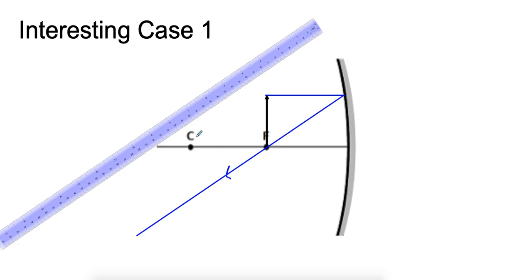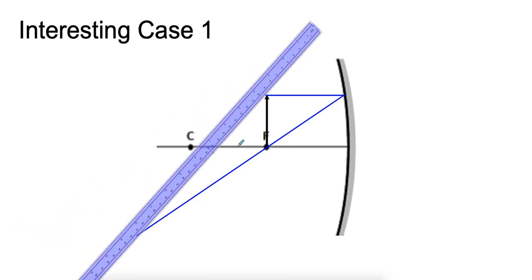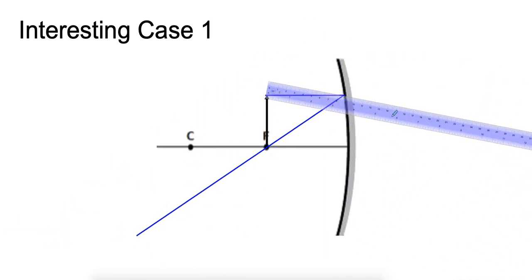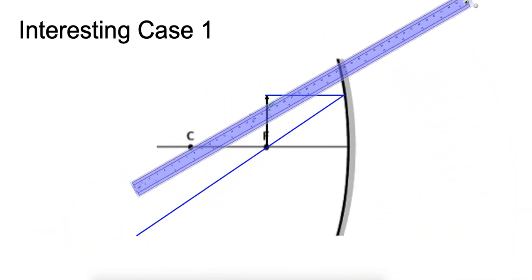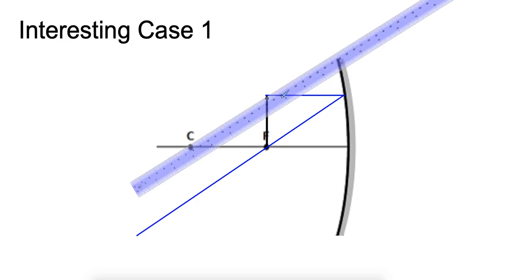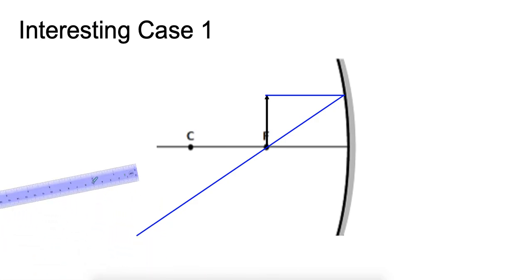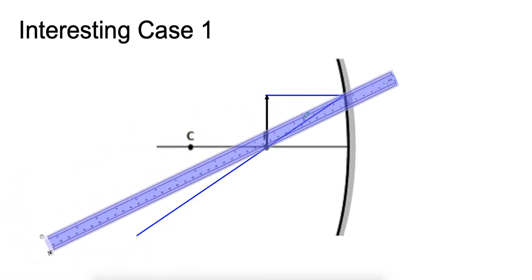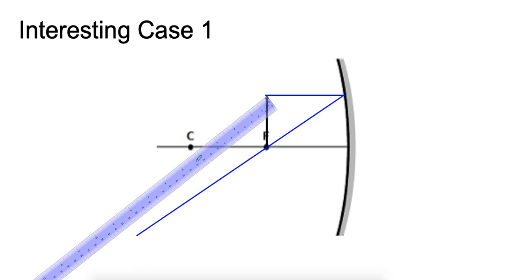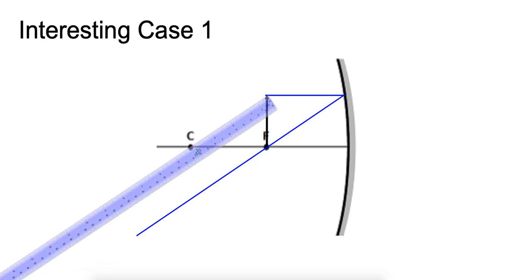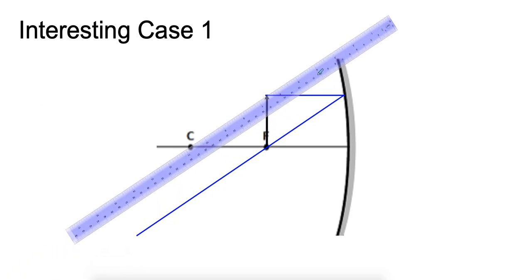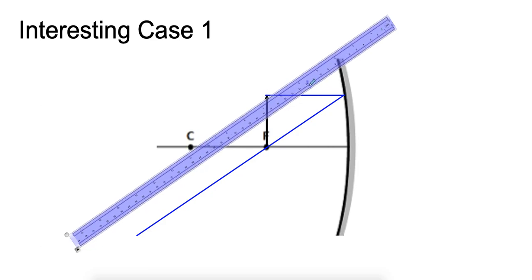Okay, now we're kind of stuck here because we can't draw through C. Or can we? Right? Technically, light will come off of our object. And so we can line up our object with C, and we can still draw it through C, extending up to the mirror.